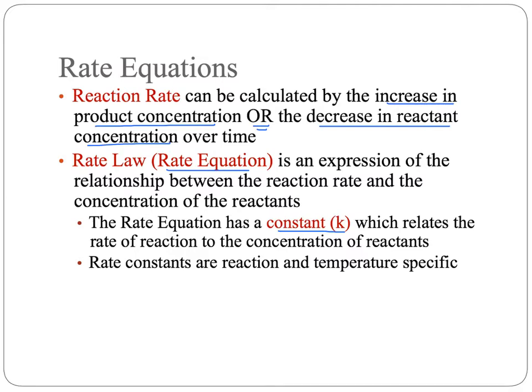And these rate constants are reaction specific and temperature specific, so they need to be determined experimentally. It's not something that you can just look at a reaction and figure out what the rate constant will be or what the rate equation will be.